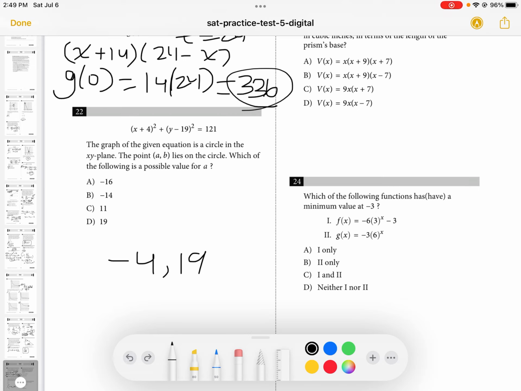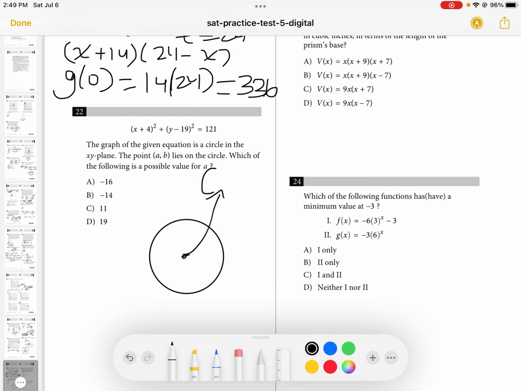So if we visualize this, hold on. Let me draw a circle right here. Okay, that's the center point. So that point is at -4, 19. And this radius is 11. Alright, so which of the following is a possible value for a, which lies on the circle? Right.